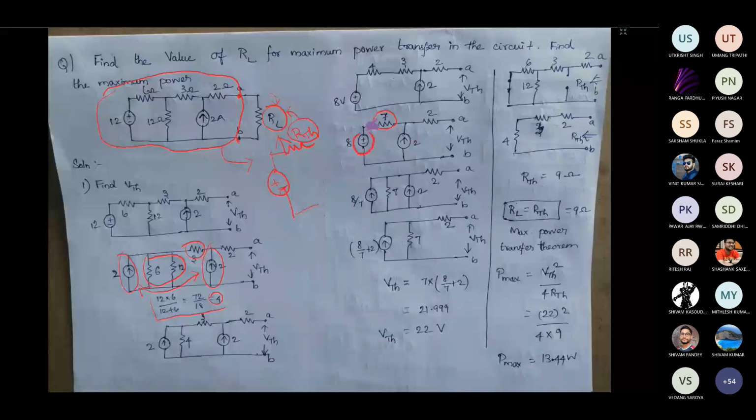Similarly, this 8 volt source is neither in series nor in parallel with the 2 ampere current source. But this 8 volt source and the 7 ohm resistor are connected in series, so the combination of this is in parallel with the 2 ampere source. So whatever voltage appears across these two elements will be the same as the voltage across the 2 ampere source, because those two are connected in parallel.